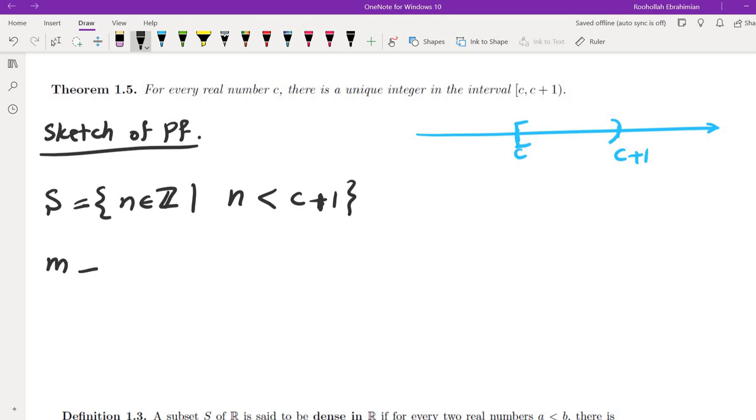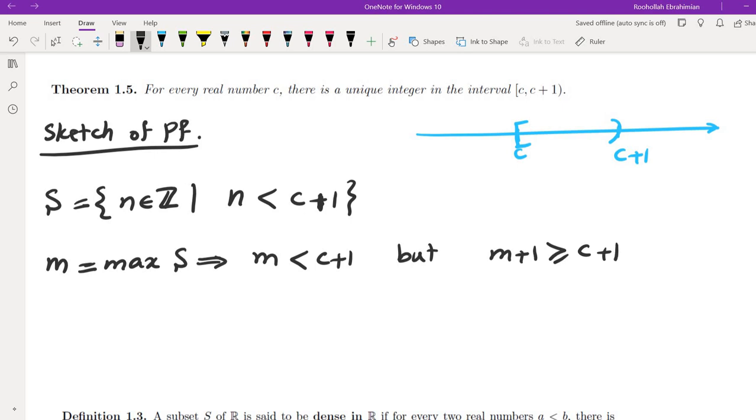So let's say M is the maximum element of S, which means M is less than C plus 1, but M plus 1 is greater than or equal to C plus 1 because it's the maximum element. So that means M is greater than or equal to C. And that's exactly what we want. So M is inside C to C plus 1.